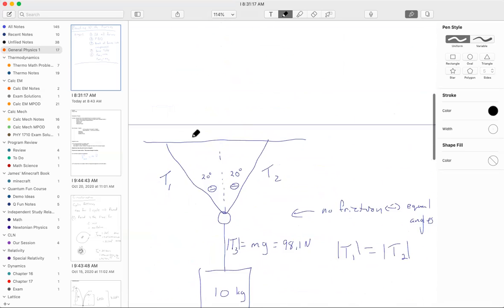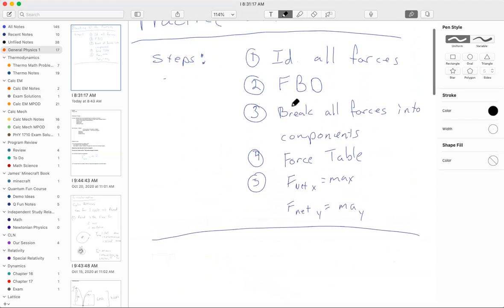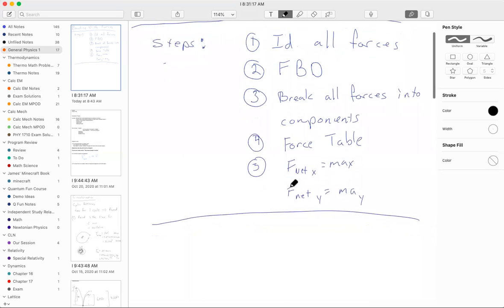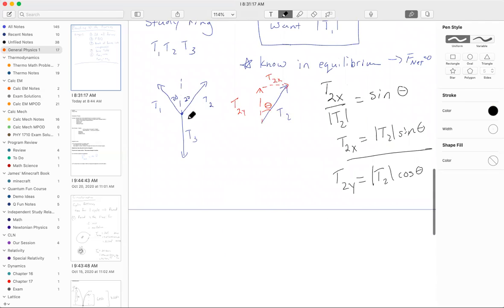For T1, I'd really just do the same thing. So I've got free body diagram components, and I need to make my force table. For rope number one, it's really the same analysis. The magnitudes are the same. The only thing that differs is that it points to the left, so the x component will be negative.